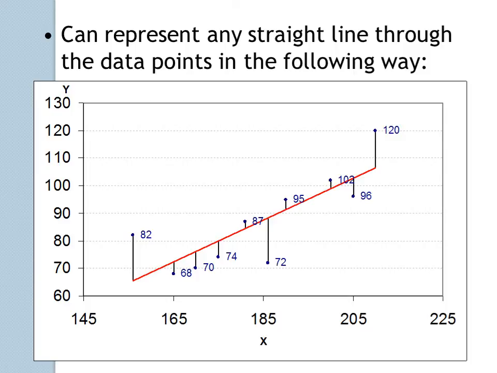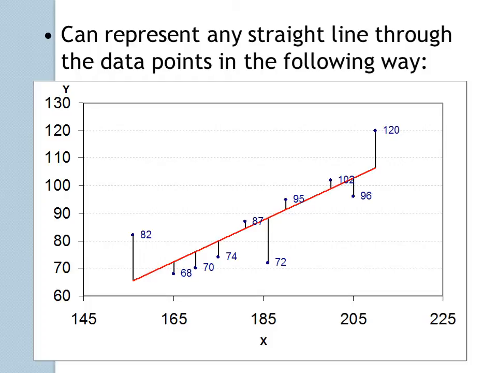We square those differences. Now, the line of least squares, in other words, this red line, is known as that because when you sum all of those squared differences between each data point and the red line, compared to other ways of calculating this average distance, it gives the lowest value of squared distances.